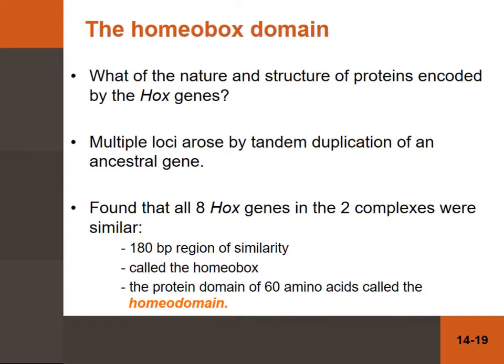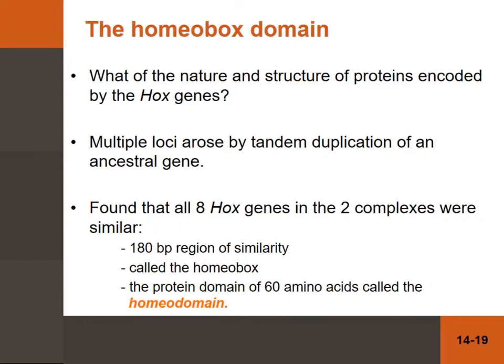An important question that was asked was, what of the nature and structure of proteins encoded by the Hox genes? They noticed that the multiple loci had actually arisen by duplication of an ancestral gene. And this led researchers to search for similarities in the DNA sequences of all the Hox genes.